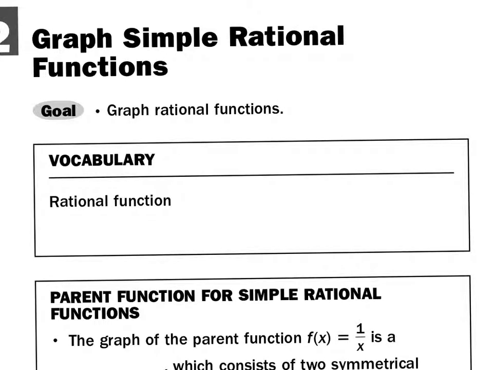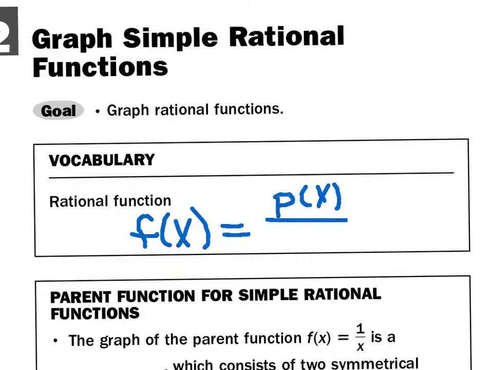A rational function is a function, let's make it f of x, that can be written as a polynomial divided by another polynomial.